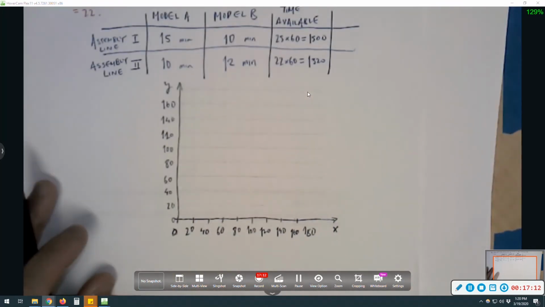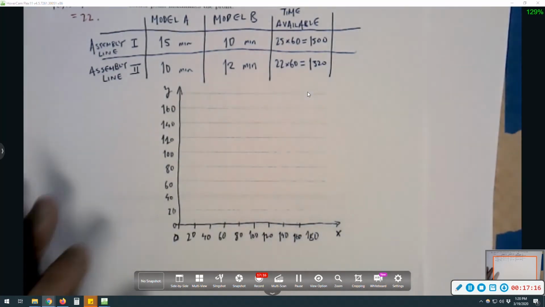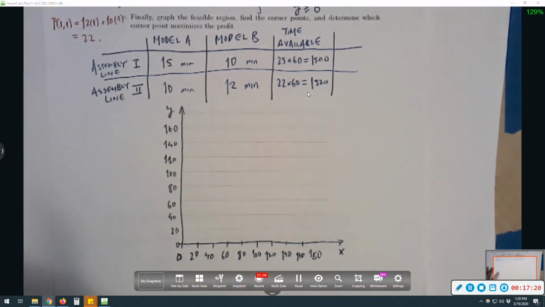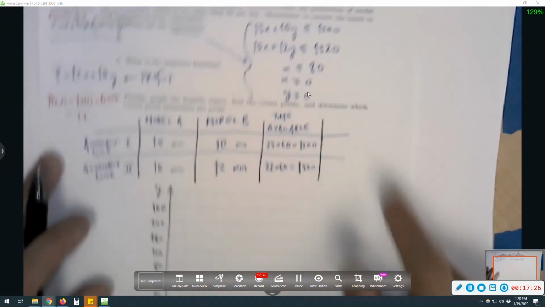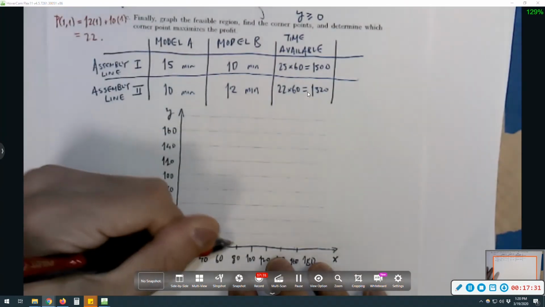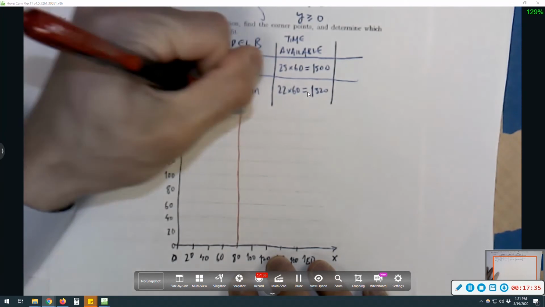Now let's try to get the solution set, the feasible set. We'll start with x is less than 80. That's given by here. So this line is x equals 80.